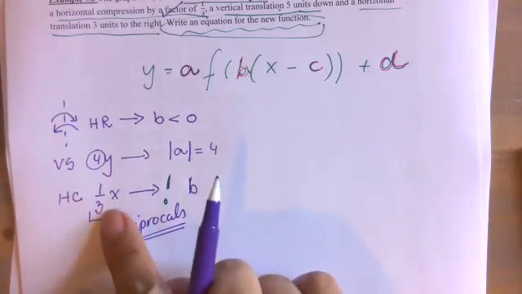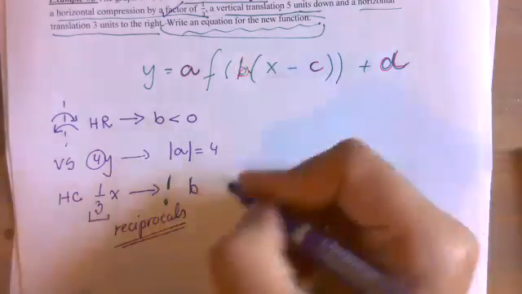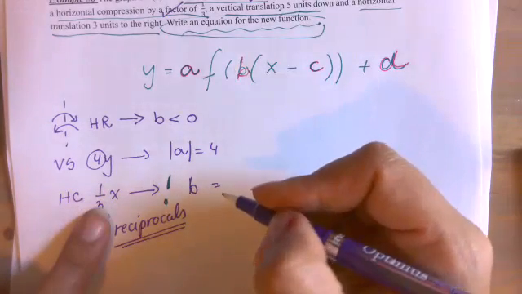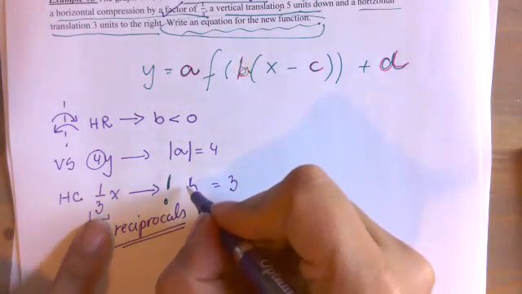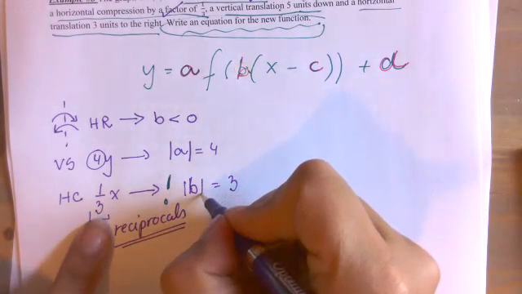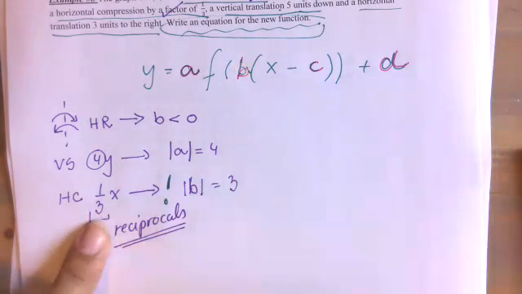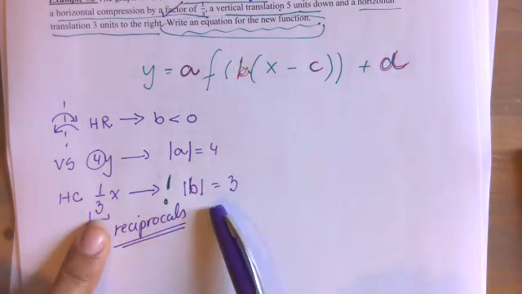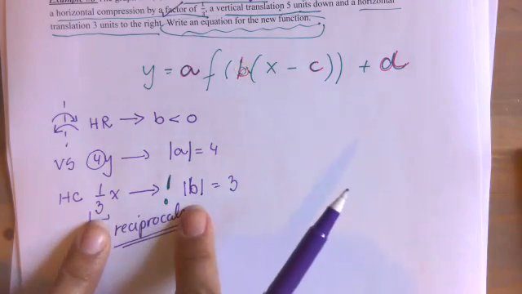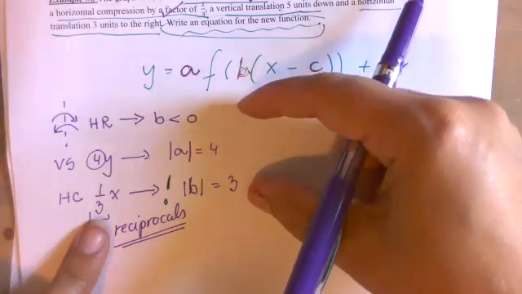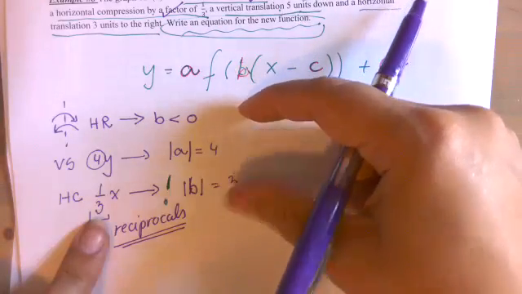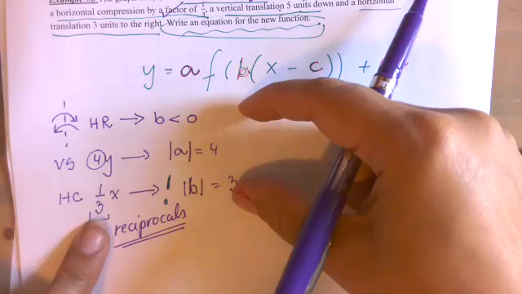So if this is the factor, the B value is going to be the reciprocal of the factor, which is 3/1 or 3. This one is also in absolute value at this step, because I'm not talking about the reflection yet. It's not a big detail, I wouldn't take any marks off, so don't worry, but you have to remember that B has 2 parts, 2 transformations: the reflection and the stretch or compression.